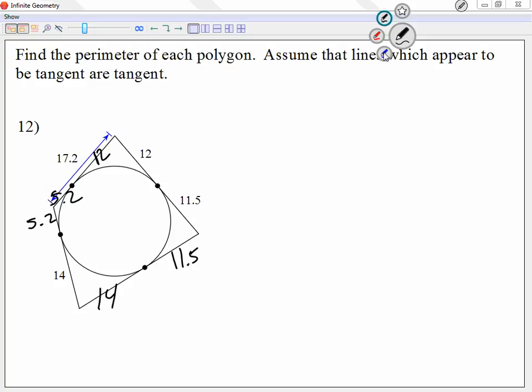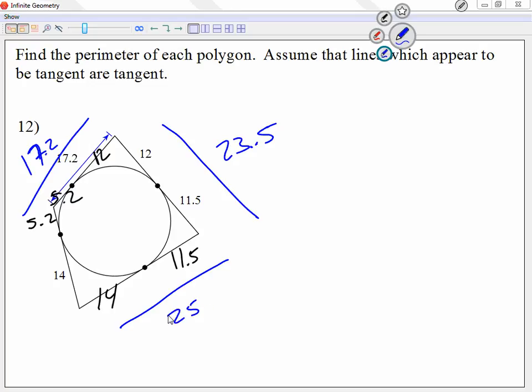So now for my perimeter, one side is 17.2, which was there to begin with. On this other side should be 23.5. This side should be 25.5. And here it is 19.2. 5.2? Okay, we know this little part right here is 12, right?